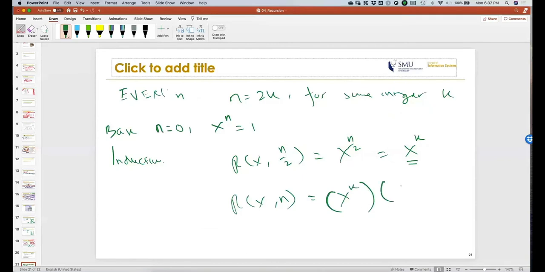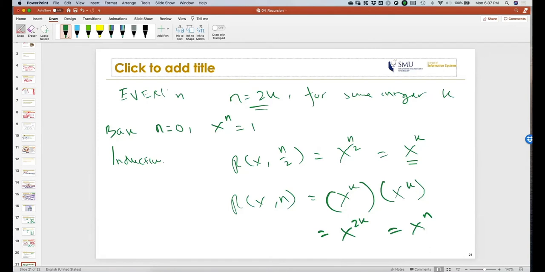This is based on the outcome of the algorithm. So since x to the k times x to the k gives me x to the 2k, and we started out with n being an even number, that is 2k, so there's going to be x to the n. So more or less that's just that, right?